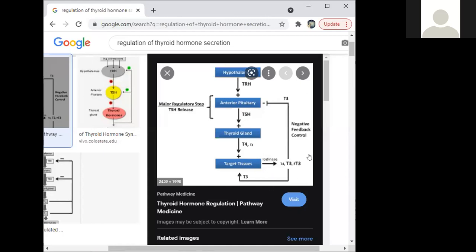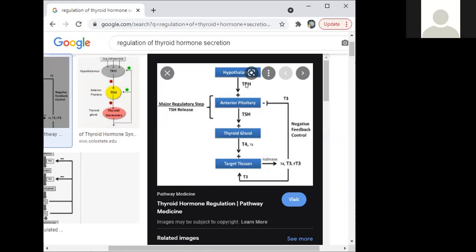For a pathology to happen, the pathology can either be from the thyroid gland or from the brain, where you are looking at the hypothalamus and anterior pituitary. If your thyroid gland has a problem, you can have the brain functioning well in terms of your hypothalamic pituitary axis.